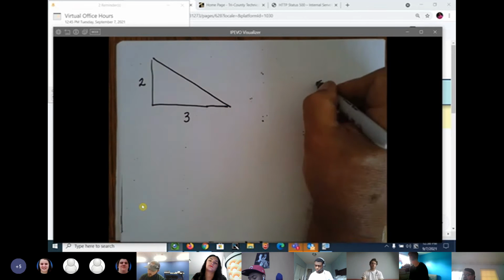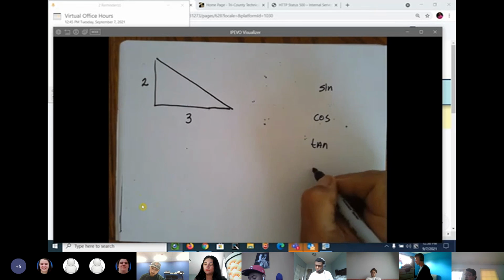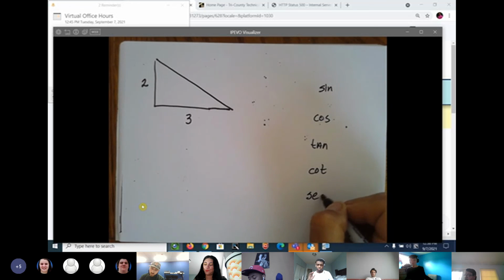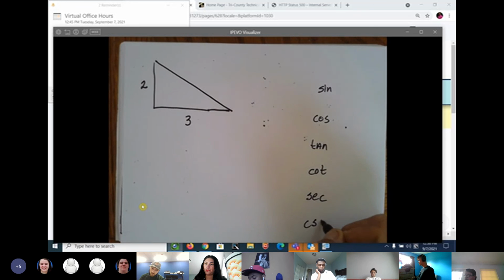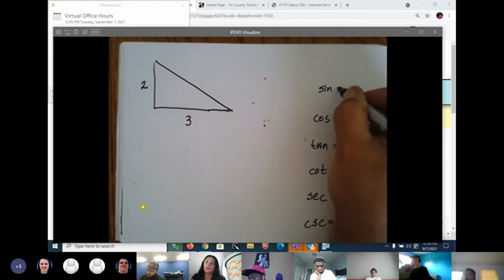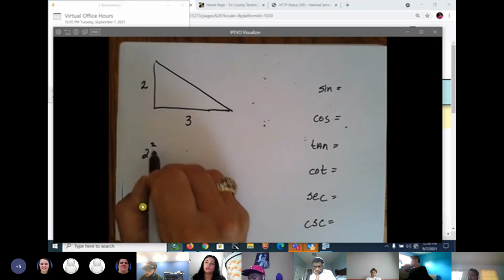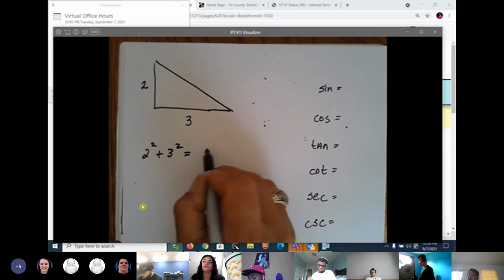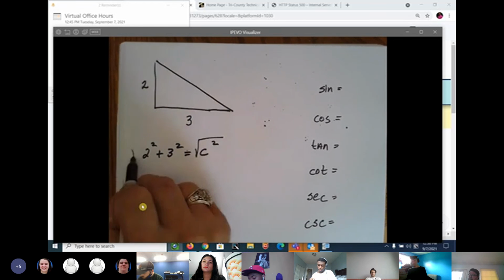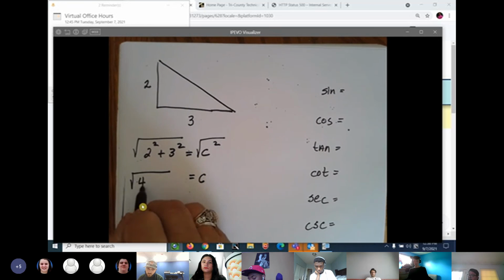And I want you to find the sine, cosine, tangent, cotangent, secant, and cosecant. So we've got 2 legs, so that's going to be 2 squared plus 3 squared is equal to c squared. c is equal to the square root of 4 plus 9. And that's going to be the square root of 13.